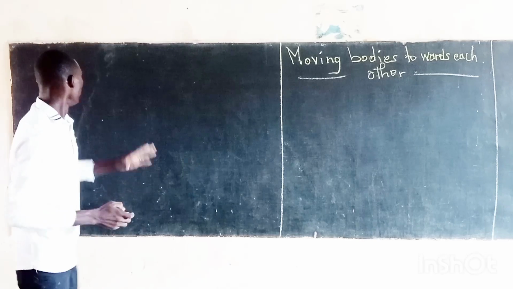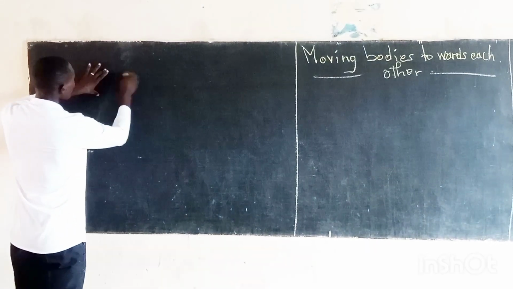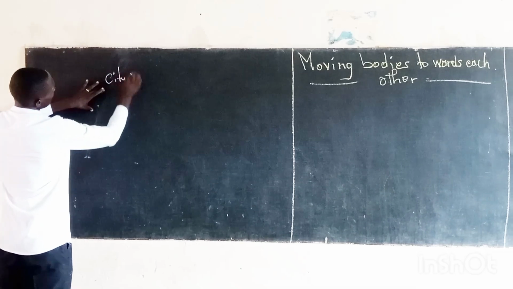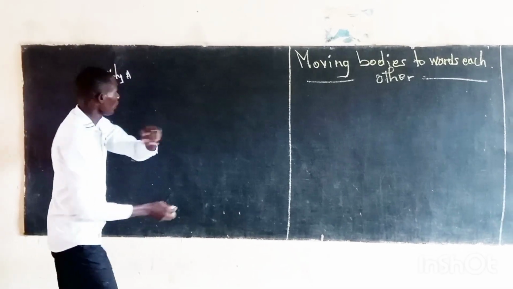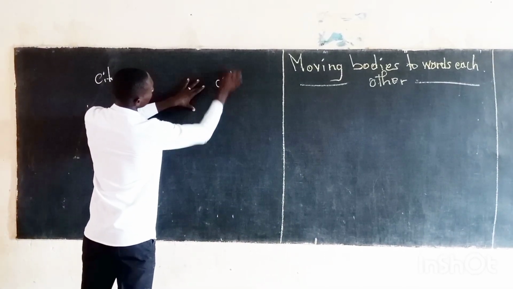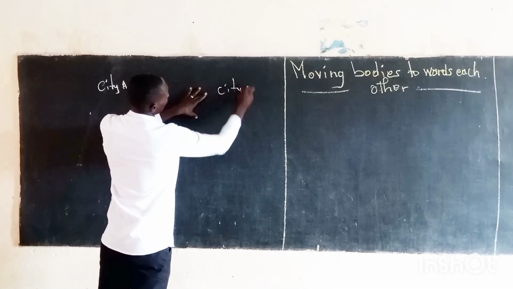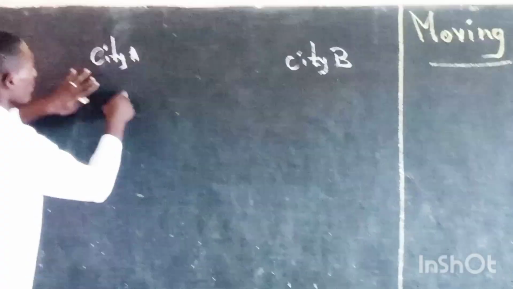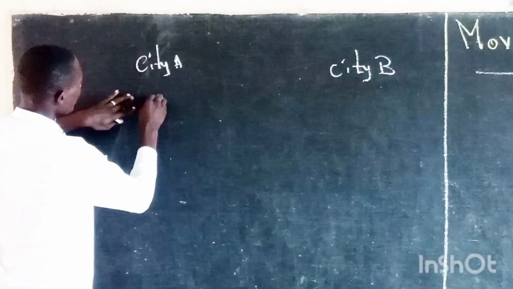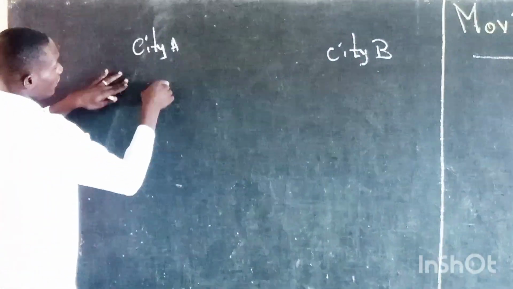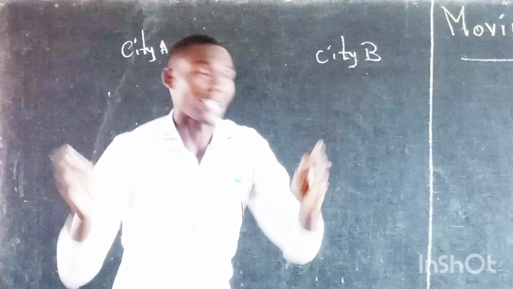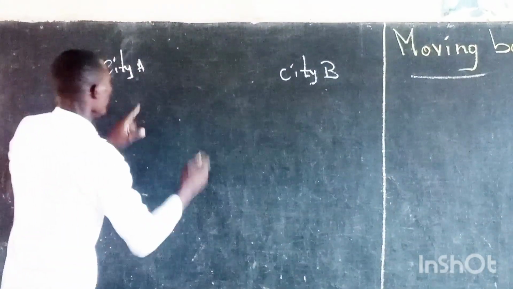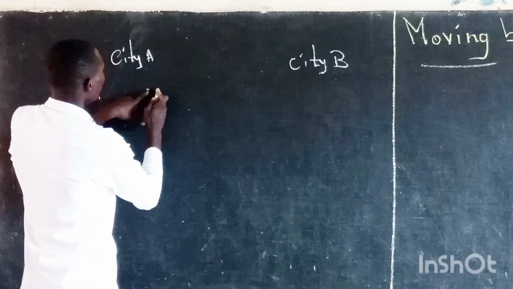As I told you, we have two cities. We have city A and another city which is city B. Suppose that we have a car which is at city A and another car which is at city B. These two cars are going now to move.